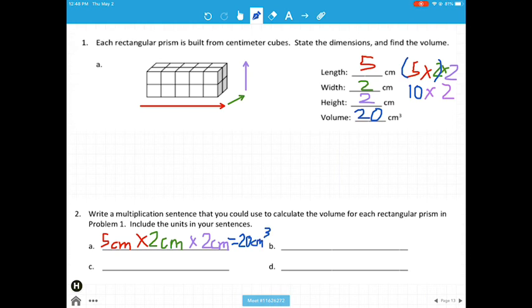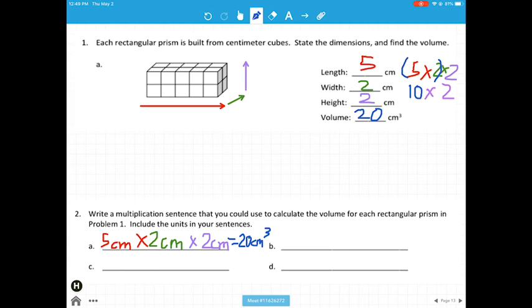Hopefully you see the connection between the numbers. We just multiply the 3 dimensions. That's why there's a 3 at the centimeter cube. It's 3 dimensions that we're multiplying.